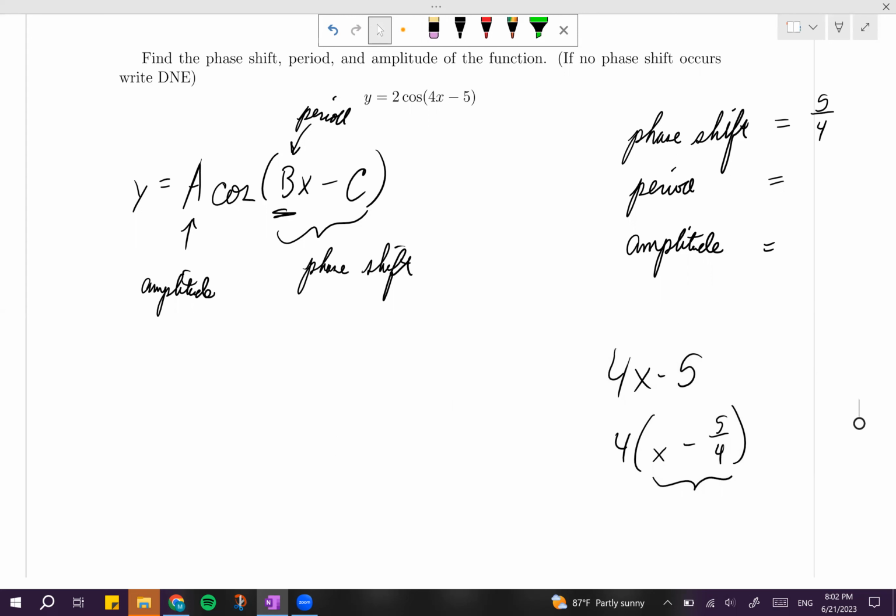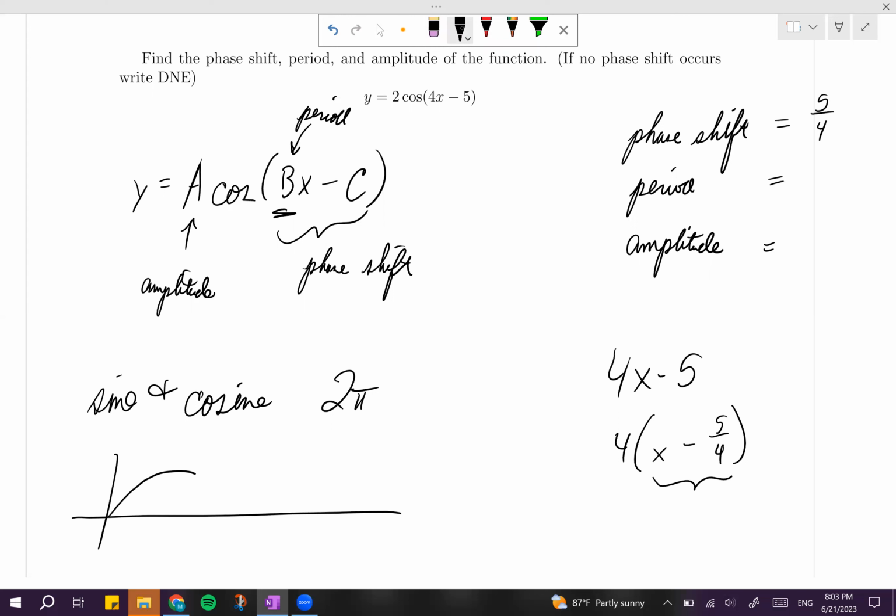Alrighty. Now for the period, normally my period is 2 pi. Normally it's for sine and cosine. Normally 2 pi is my period. But because of this 4 right here, it means that if this is my cosine graph, this is 2 pi.